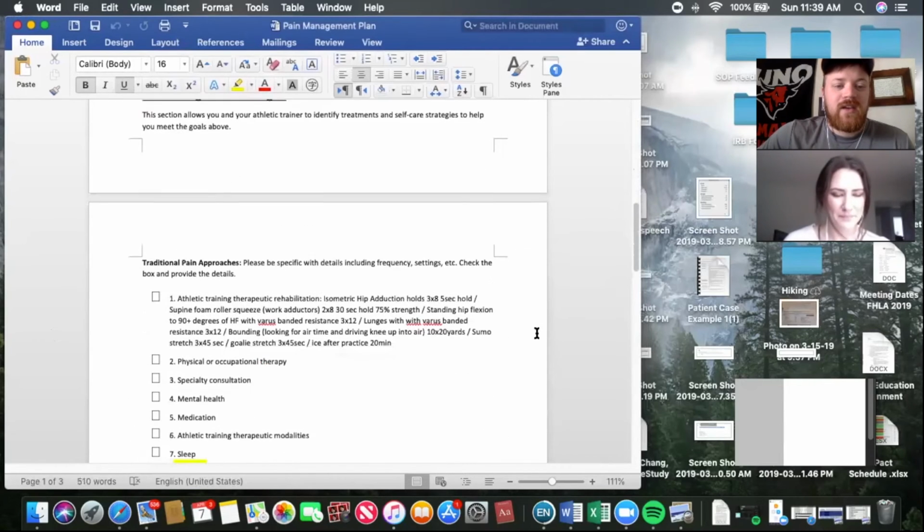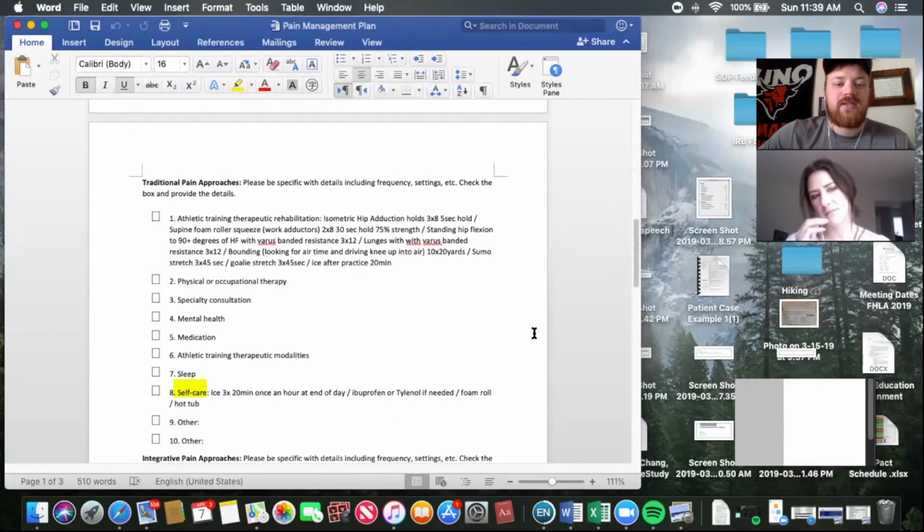With traditional approaches, this is what we've been doing this week for him. Just isometric hip abduction, 3 sets of 8, 5-second hold, where he's laying on his side. Then he's laying on his back, squeezing a foam roller, 2 sets of 8 for a 30-second hold, 75% strength.